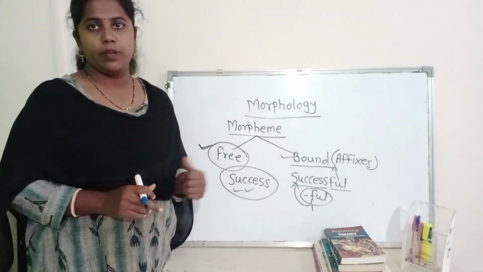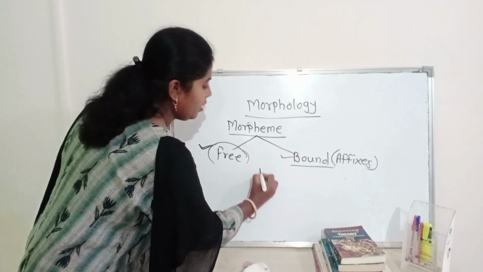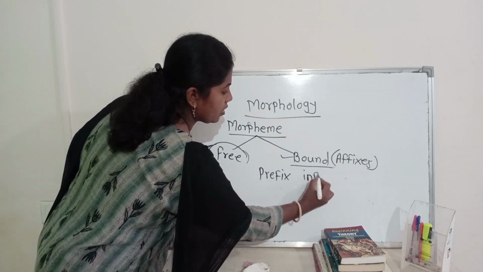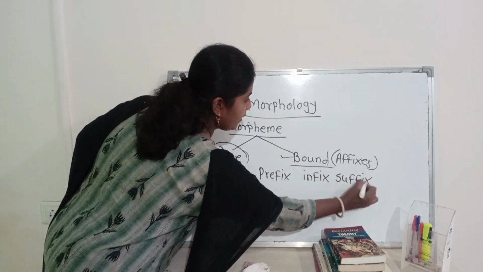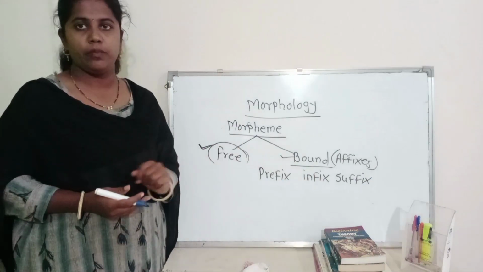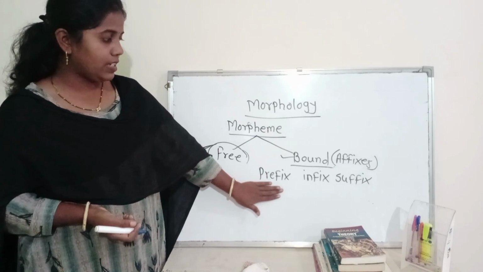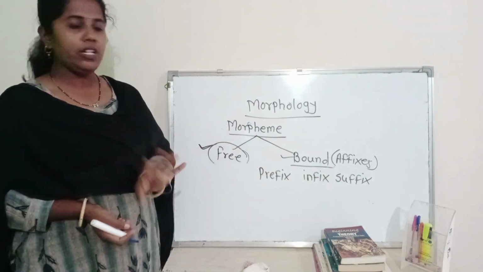Bound morpheme again has three types. Those are prefix, then infix and suffix. These are the three types of bound morpheme. Okay, and when we try to understand prefix, infix and suffix, again there are some types, but we will think about it later.